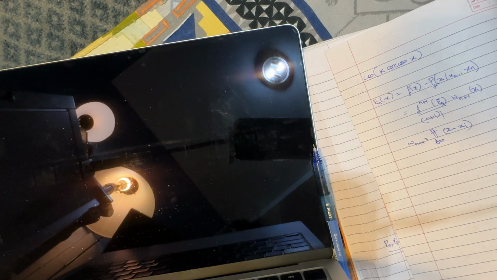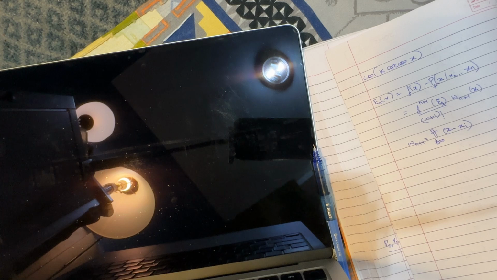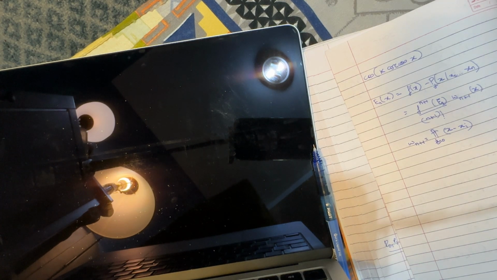It's not in the book, at least not in chapter 6. Let me see. Approximation error. Got it. Found it.